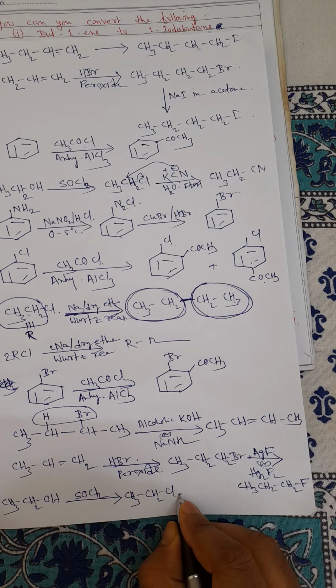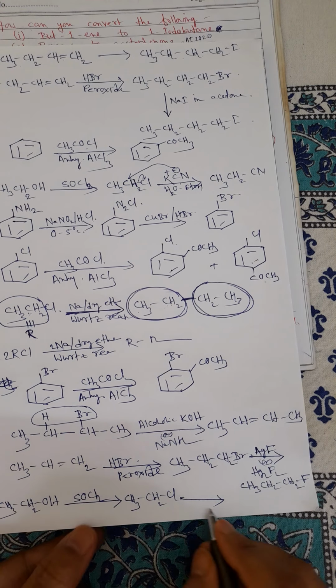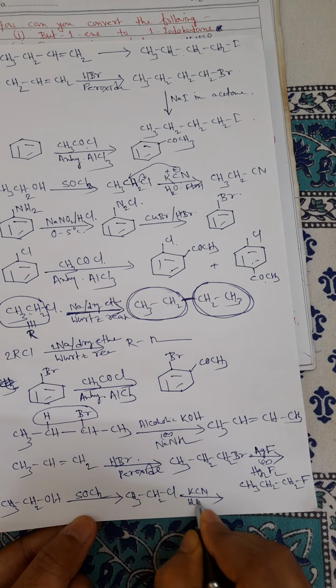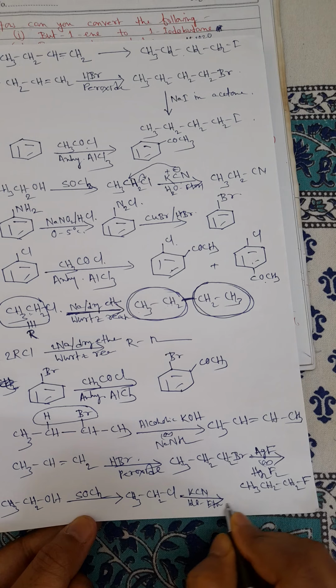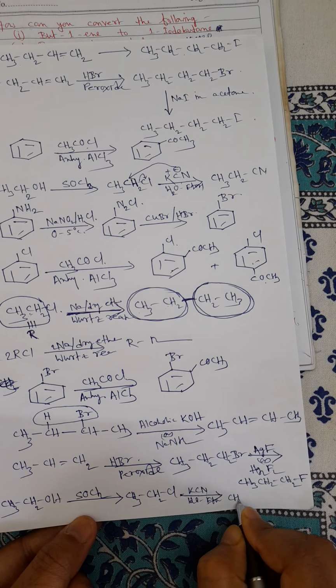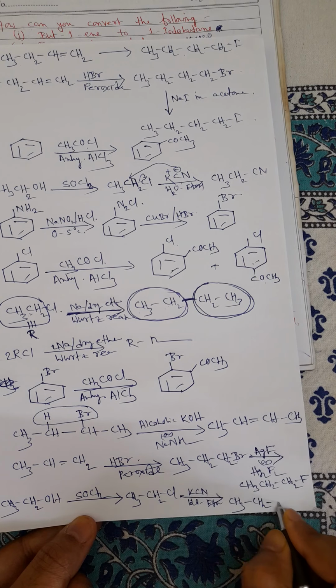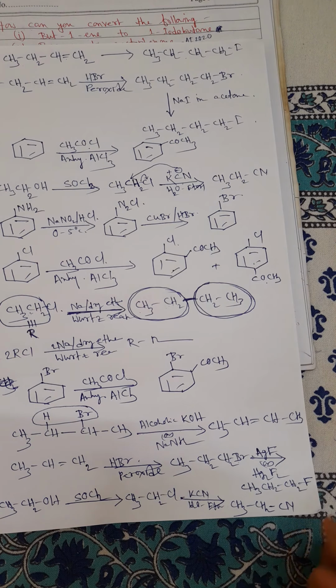Now when chloroethane is treated with KCN in aqueous ethanolic solution, then you will get propane nitrile, that is CH3CH2-C-N.